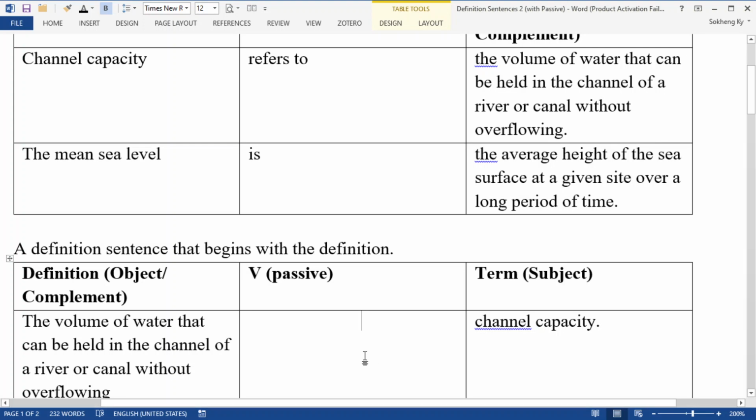And can you guess? Refers to. Look at the top. Refers to. So we should change that to the passive for refer to. Here it is. Can you see something new? We have as here. Don't forget as, everybody.